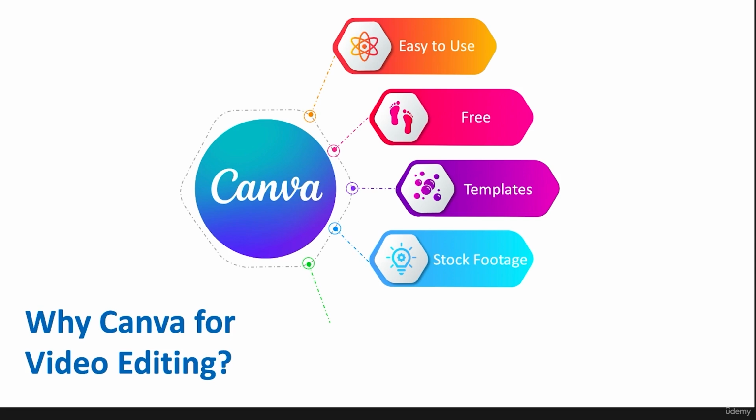Some of them are copyright free, but a lot of them, you could find some that are for pro users, but you can do quite a lot with the free versions as well. For a beginner or someone with intermediate access, all of these stock images are very much enough for you to create stunning looking videos. And then we have a range of animations. Canva's video editor allows you to add animations to your videos, making them more engaging, so they can help you to make your videos appear very nice and professional.